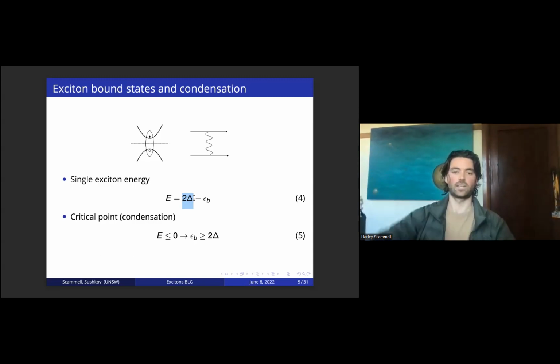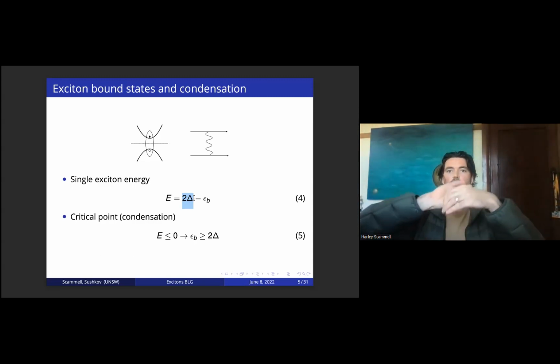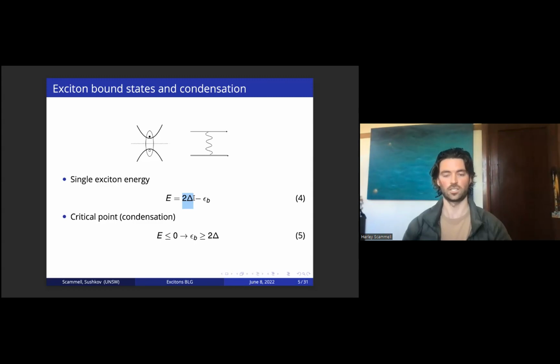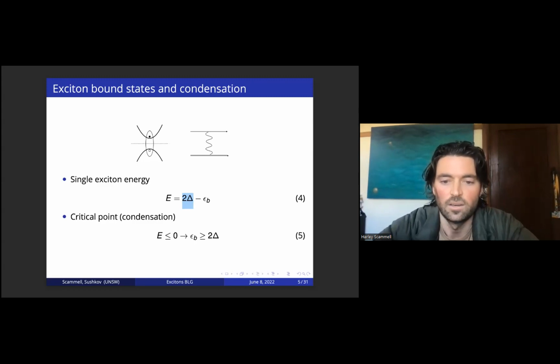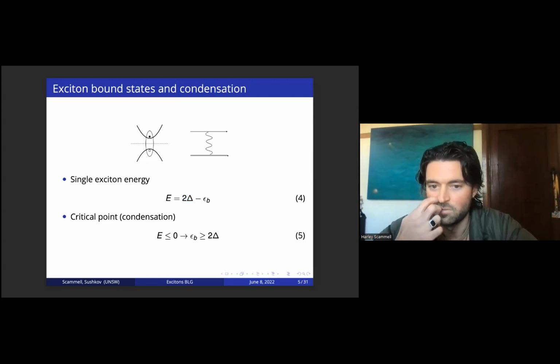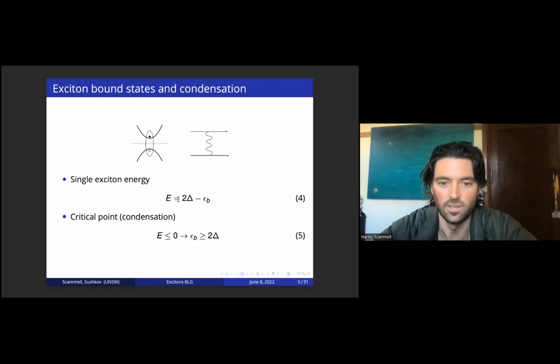You make these two bands touch. This would also hold if you created a Fermi surface of equal and opposite charges. And it's the same statement as BCS superconductivity, that any arbitrarily weak attraction would give you a condensate. But we'll see by the end of the talk that even though that seems mathematically like the simplest thing to do, it isn't the best way to have a stable condensate.